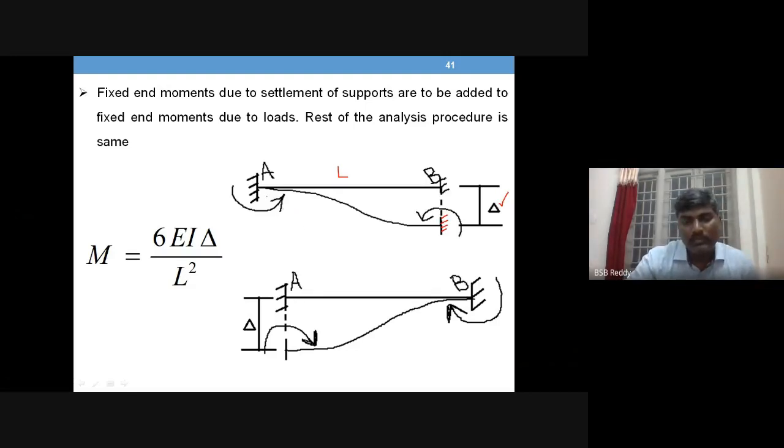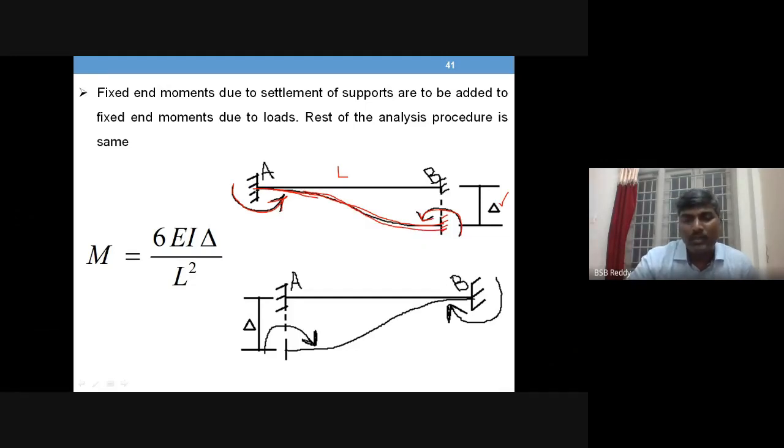So how is the beam going to bend? The possible way of bending is this one. Now you see the moment shall develop anti-clockwise at A and also anti-clockwise at B to arrive at this deformed shape.